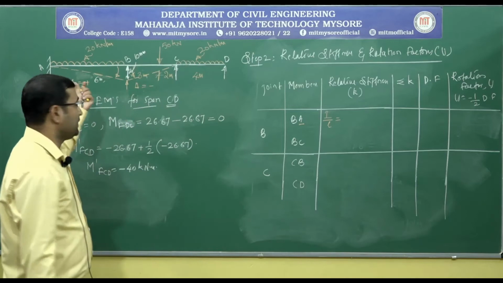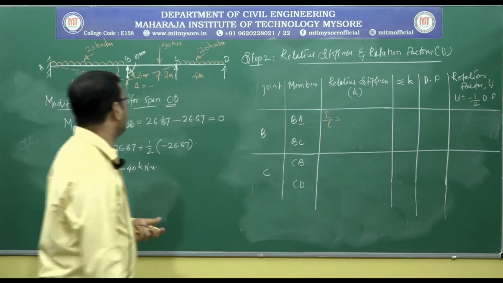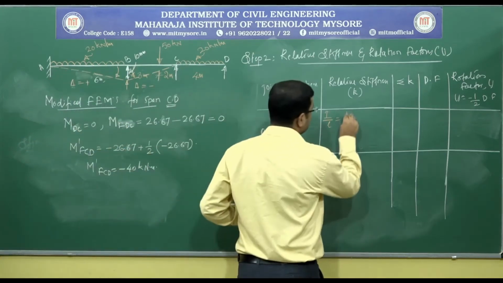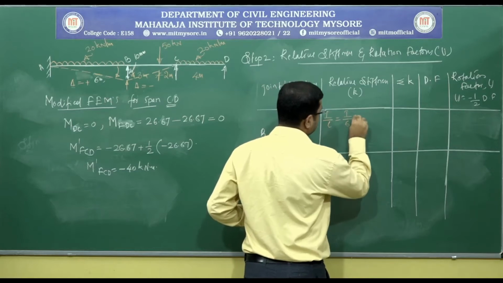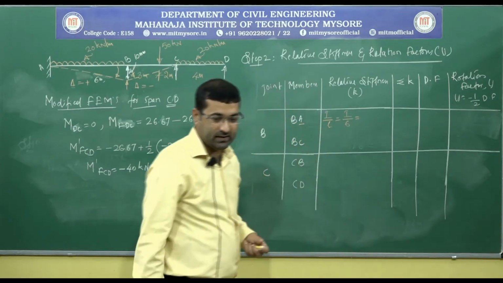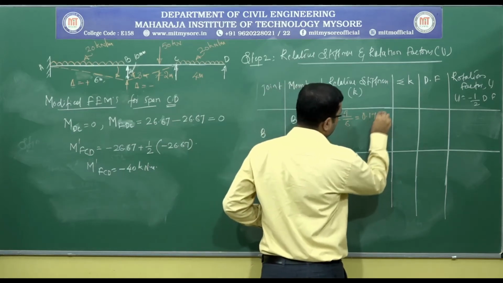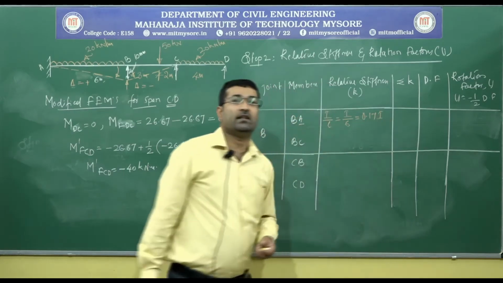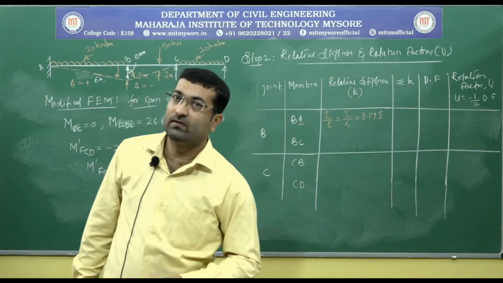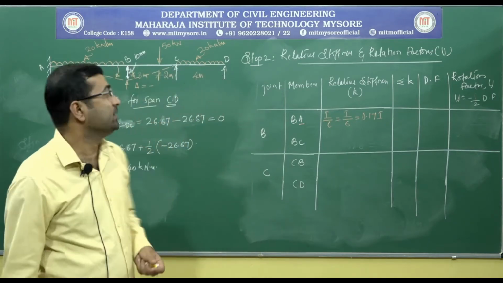The I value is not given, so it is I, and L is 6 meter. So it is I by 6, which gives you 0.17 I. That is the relative stiffness for the member BA.